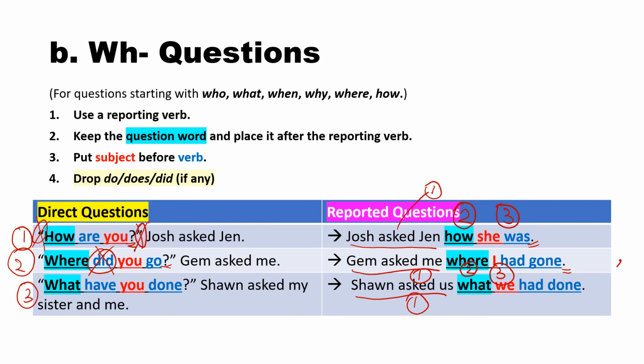Step 2. Keep the question word what and place it after the reporting verb. Step 3. Put the subject before the verb. The subject, you, is changed to we. And the verb is changed from present perfect tense, have done, to past perfect tense, had done.